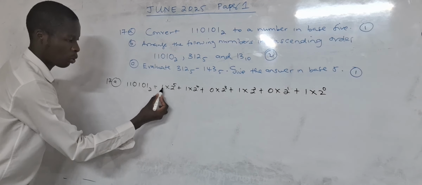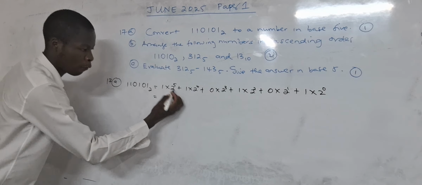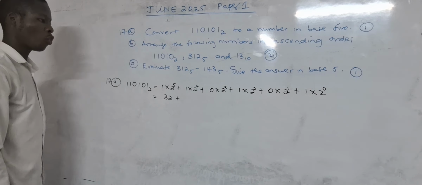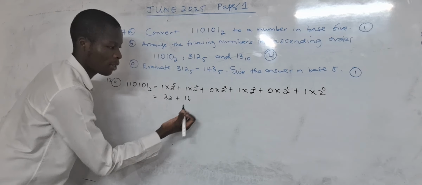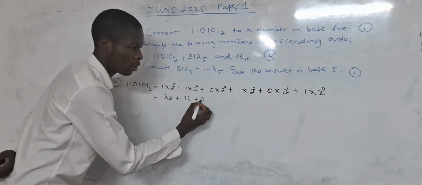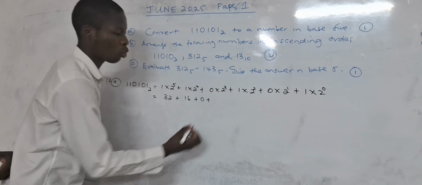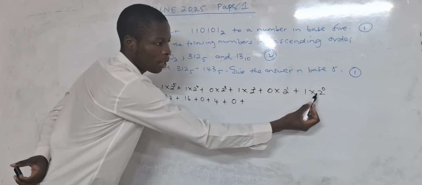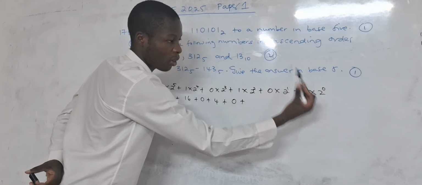Which is equal to 1 times 2 to the power 5, this is 32, plus 1 times 2 to the power 4, this is 16, plus 0 times 2 to the power 3, this is 0, plus 1 times 2 to the power 2, this is 4, plus 0 plus any number raised to the power 0, the result is 1.